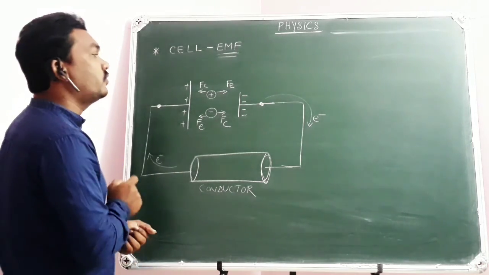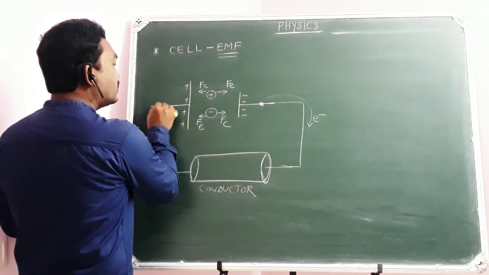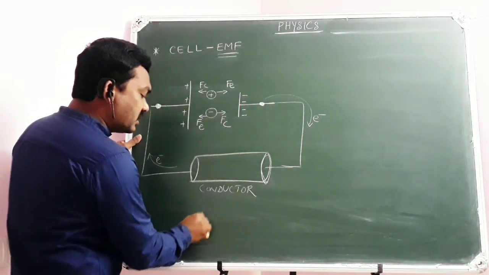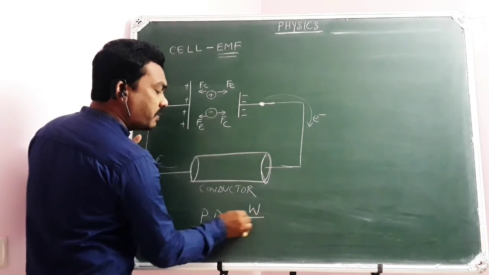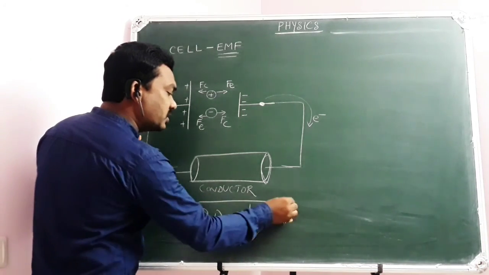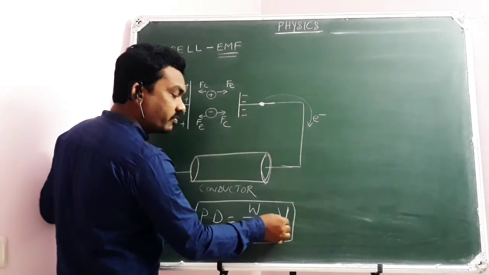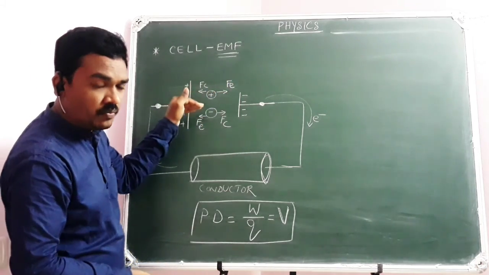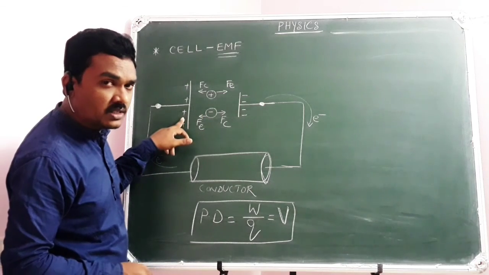This electromotive force is nothing but the potential difference across the terminals of the cell. Because you have learned the basic definition of potential difference is the amount of work done per unit positive charge. Do you remember? That's the reason why the electromotive force is the amount of work done to carry unit positive charge from one terminal to another terminal of the cell.